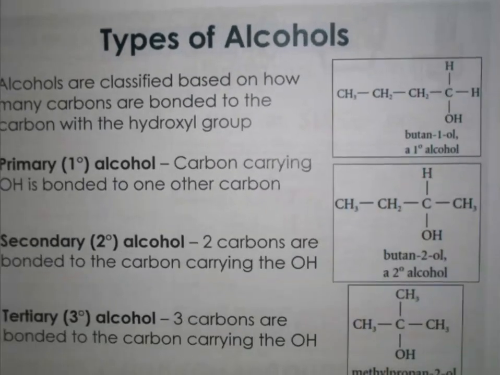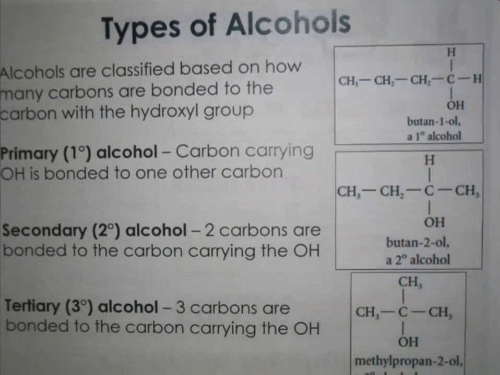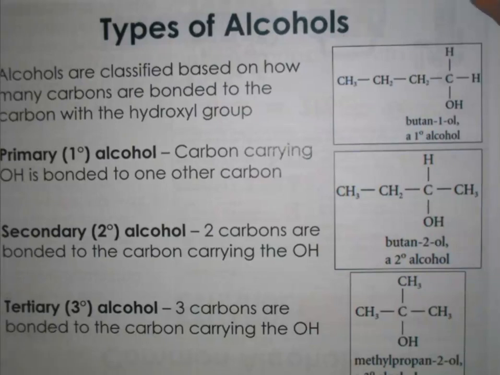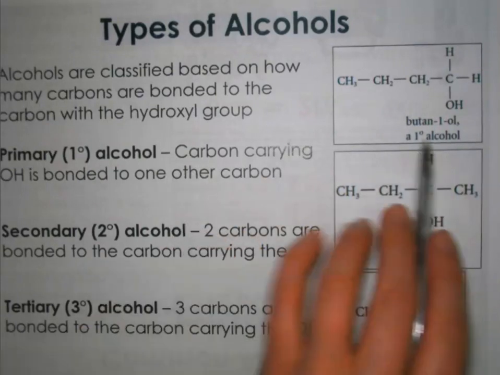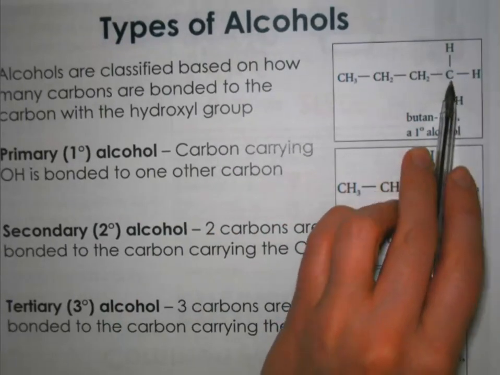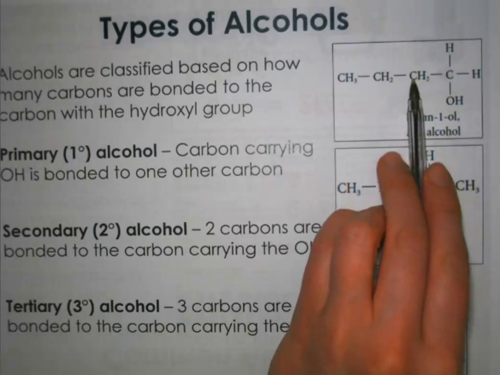Okay, so let's look at how we can classify alcohols. There are 3 ways that we can classify alcohols: primary, secondary, or tertiary. And this is based on the carbons that are attached to the carbon the hydroxyl group is located on. With primary alcohols, the hydroxyl group is attached to a carbon that only has one other carbon attached.